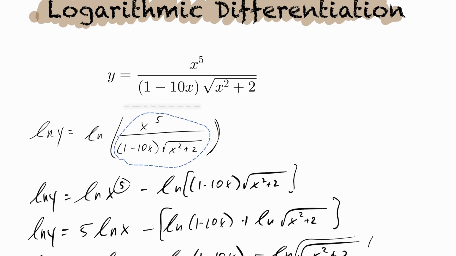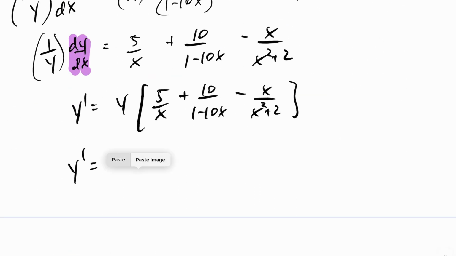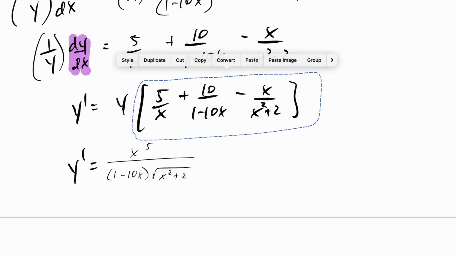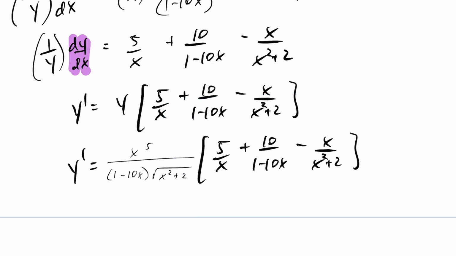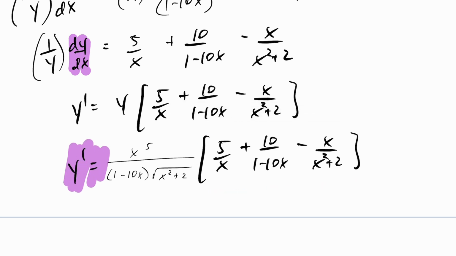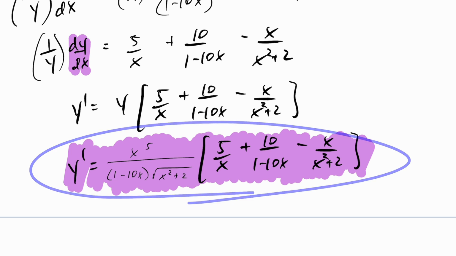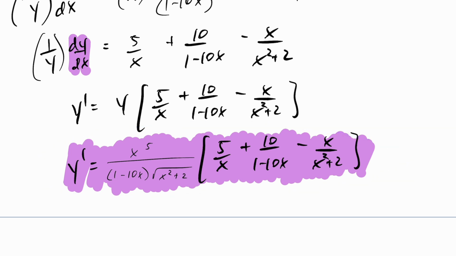So let's pop that in here. That's my y value, and then you're multiplying by this expression. So y prime is equal to my function, the y value, times 5 over x plus 10 over 1 minus 10x minus x over x squared plus 2. And we have our derivative much cleaner using logarithmic differentiation.